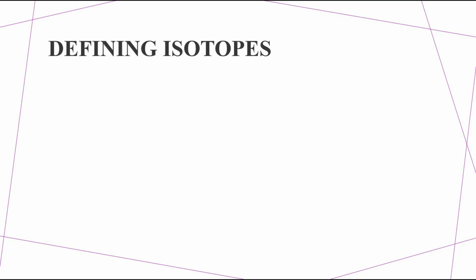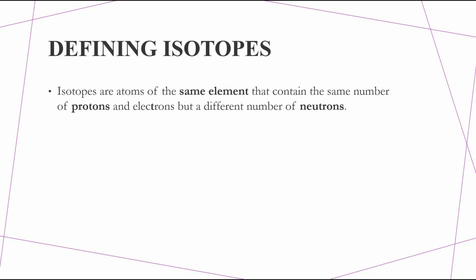So what exactly are isotopes? By definition, isotopes are the atoms of the same element that contain the same number of protons and electrons with a different number of neutrons. Now, I have seen this question in every other paper of CI examinations.